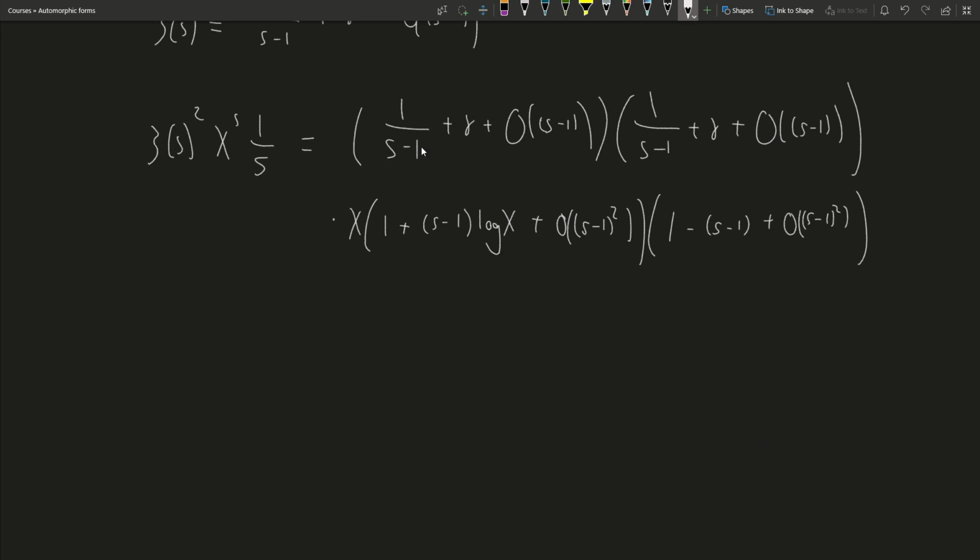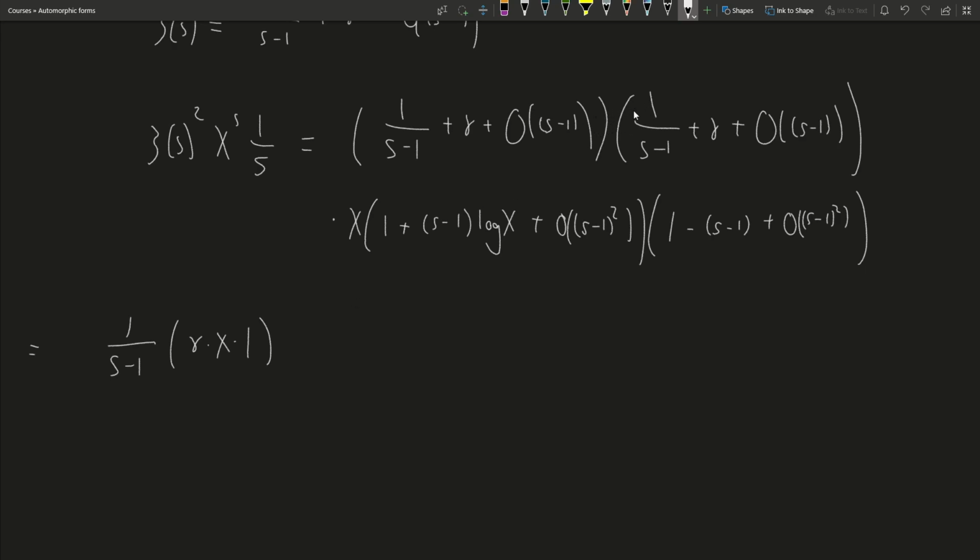Okay, what is the residue of this at s equals 1? So we're looking at the coefficient of 1 over s minus 1. The way we can do that is we can take an s minus 1 from this factor, and then a gamma from this factor, and an x from this factor, and a 1 from this factor.